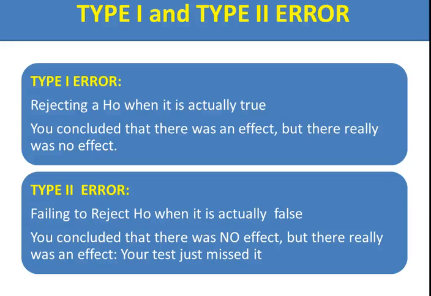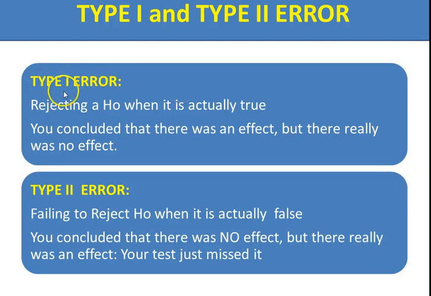Remember that hypothesis tests are based on probability and not certainty. So when we make our decision to either reject the null hypothesis and say, yep, there is an effect, or fail to reject the null hypothesis and say, nope, there isn't an effect, either way, we can always be wrong. Because again, our decisions are based on probability and not certainty.